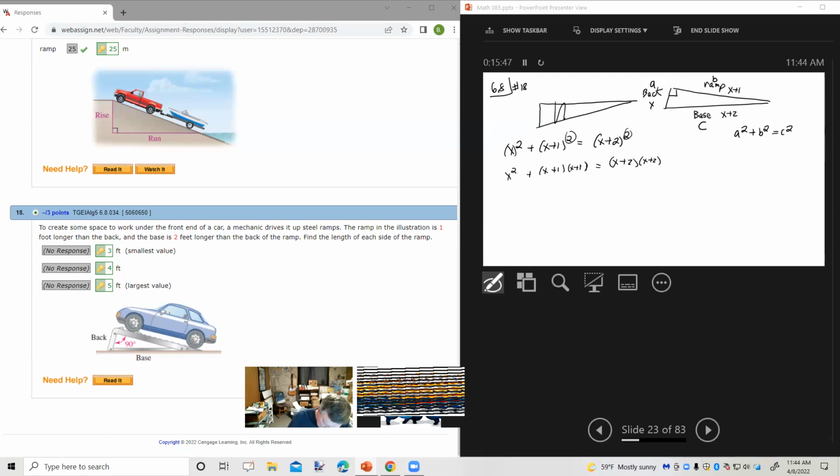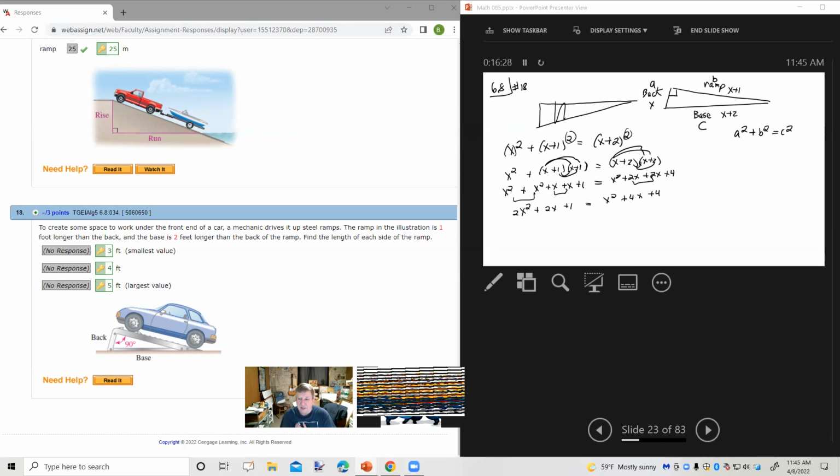So now we get X squared plus X squared plus 1X plus 1X plus 1 times 1, which is 1, equals X squared plus 2X plus 2X plus 4. Combining like terms to simplify both sides of the equation, x squared plus x squared is 2x squared plus 2x plus 1 equals x squared plus 4x plus 4.